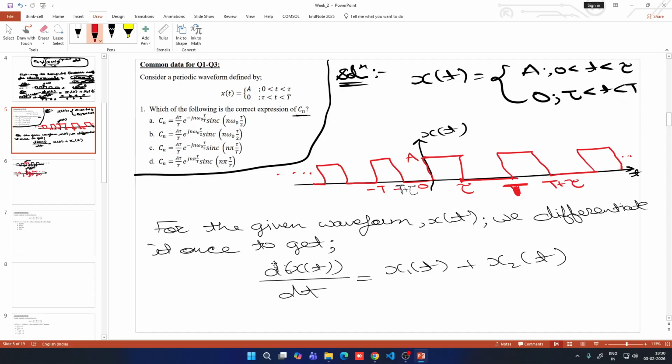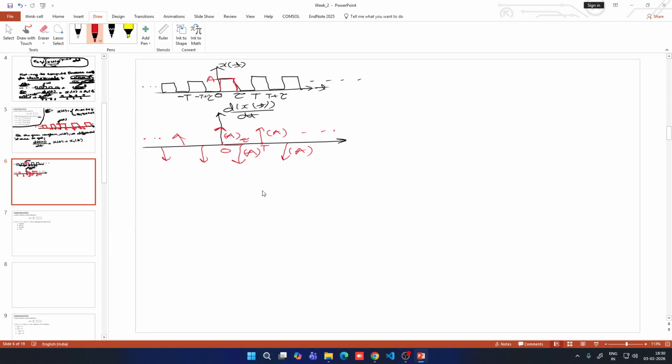We have to differentiate x of t and write dx of t by dt in the form x1 of t plus x2 of t, where x1 of t and x2 of t should be in the form of impulse trains.